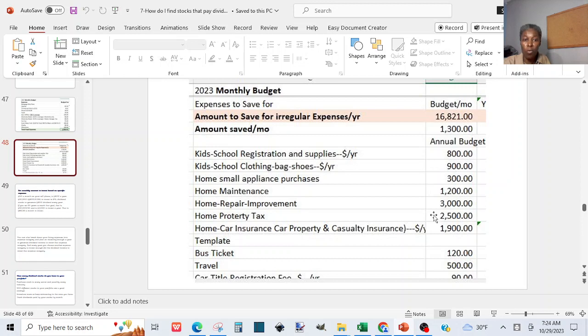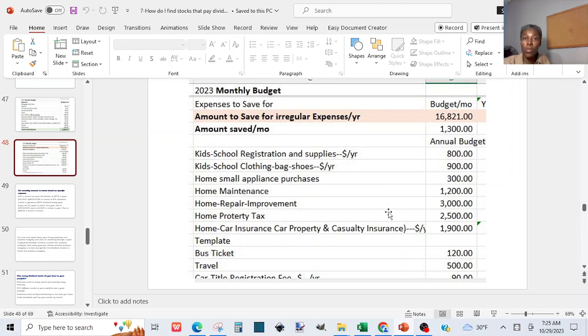But if we revise it to just keep the basic, including car insurance, home insurance, and home repair or home maintenance, those annual budgets divided by 12 will give you how much you should put aside in a savings account a month to cover those irregular expenses.